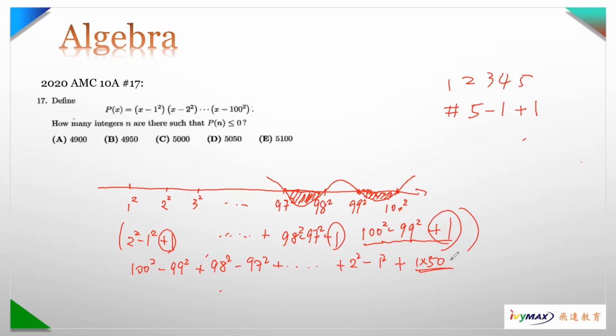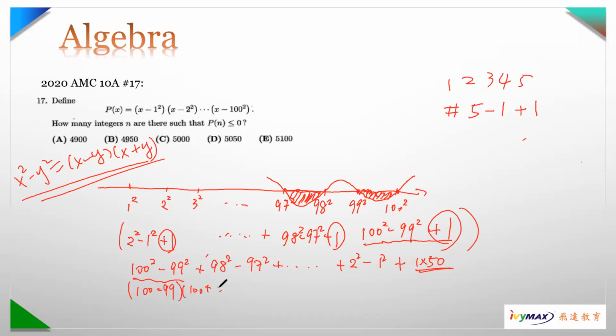How do we solve that? We mentioned x squared minus y squared equals x minus y times x plus y, right? Using that formula, I can rewrite it as 100 minus 99 times 100 plus 99.